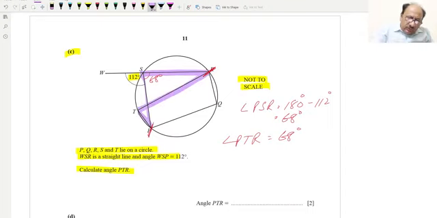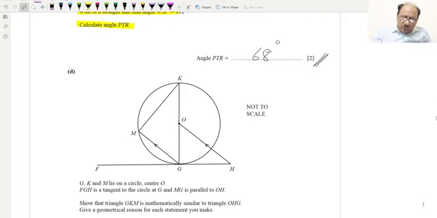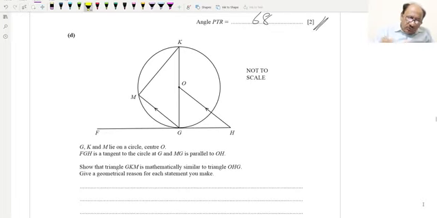So these two angles on the same arc will be equal. So this angle will also be 68, and we can write 68 here. This is another way to understand. Hopefully you understood both ways, but we get the answer, which is 68 degrees. And this is for 2 marks.